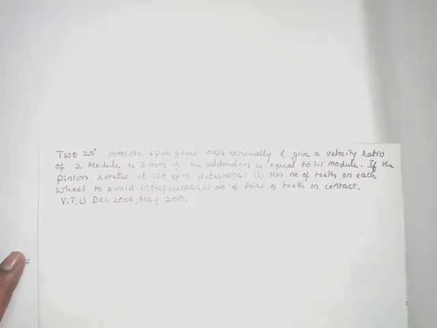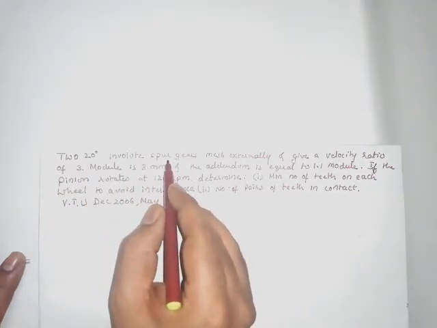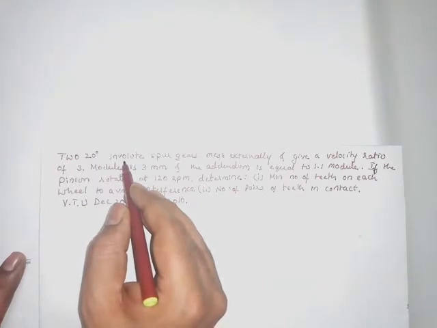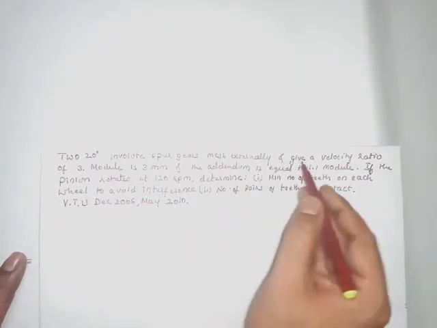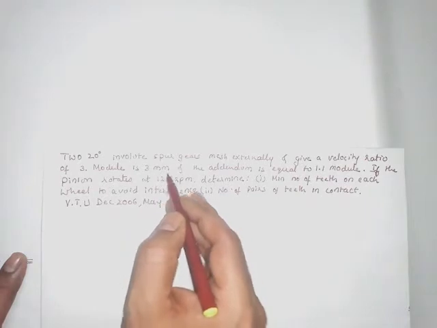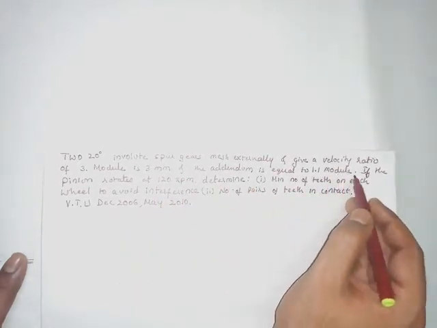Now let's take a quick look at the statement of the numerical. It says there are two spur gears. The spur gears have 20-degree involute which are meshing externally and give a velocity ratio of 3. Module is given as 3 mm and addendum is 1.1 module.